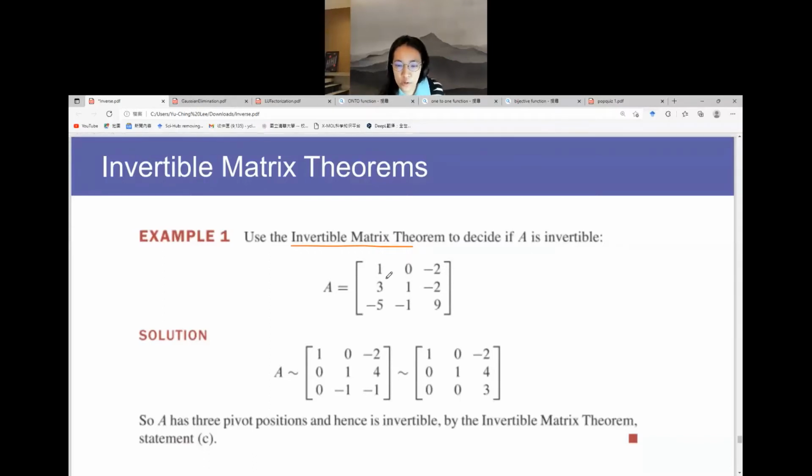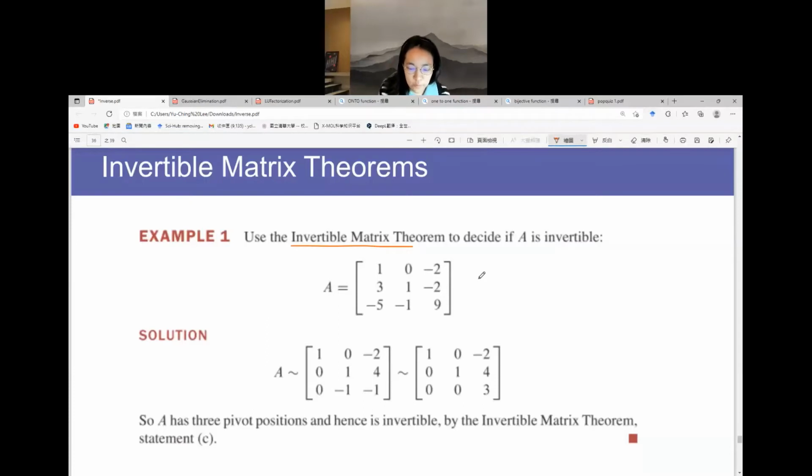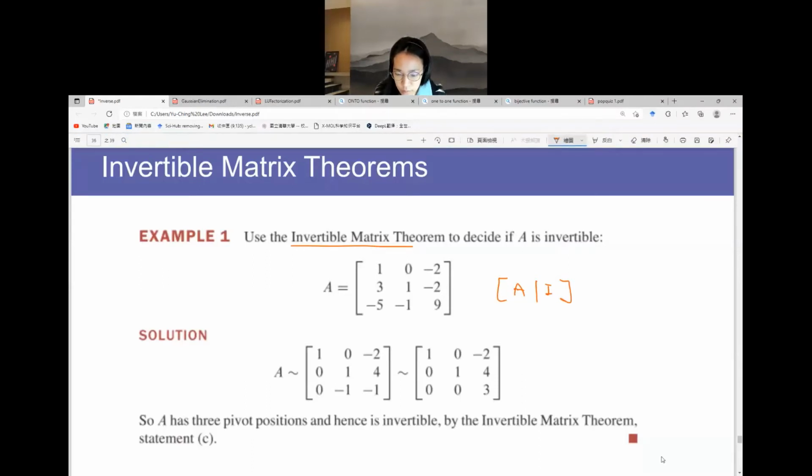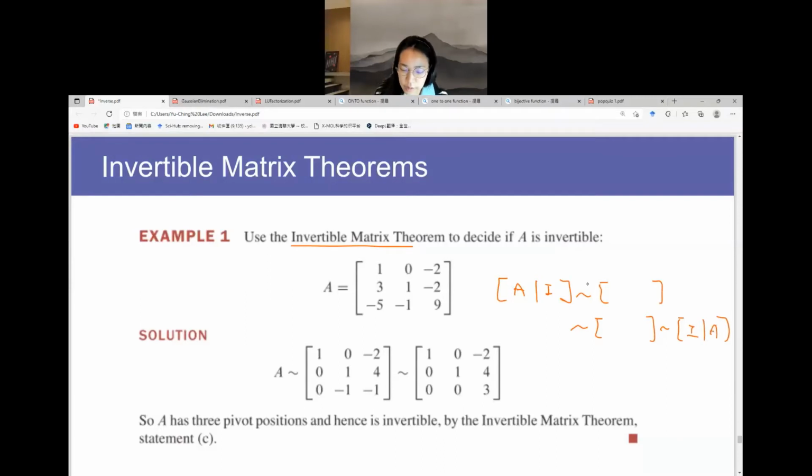Of course, we can use the algorithm that we have learned, which is to put an n by 2n matrix, with A on the left-hand side and I on the right-hand side. Then we do row reduction to form row equivalent matrices with several steps until the identity matrix is on the left-hand side, and the right-hand side is A inverse.